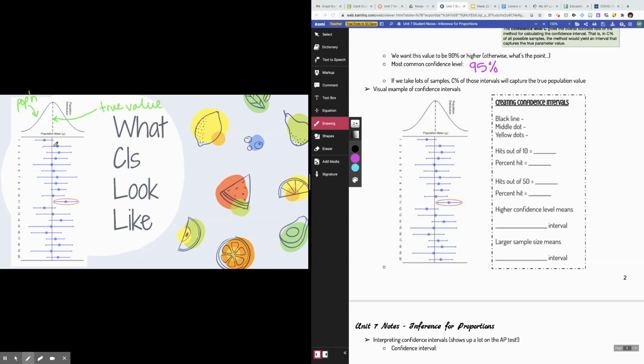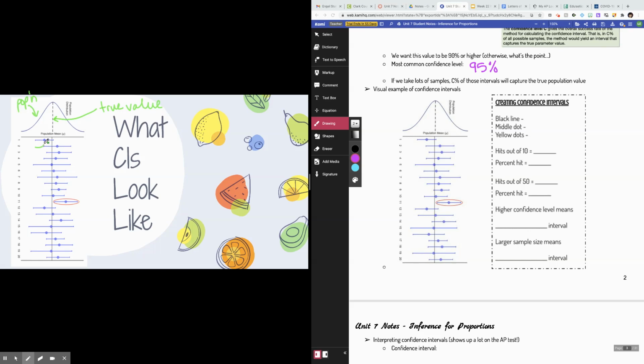What you see on the screen right now is 20 different confidence intervals that I ran, and I ran 95% confidence intervals here. You can see the first 10 of them capture the true population mean. That population mean is somewhere within that interval.